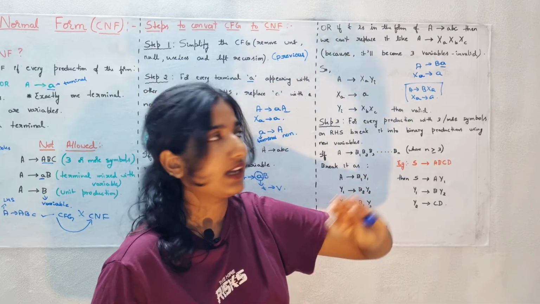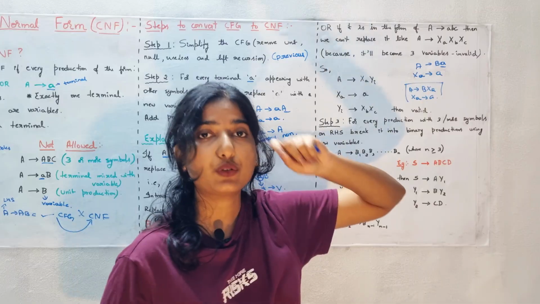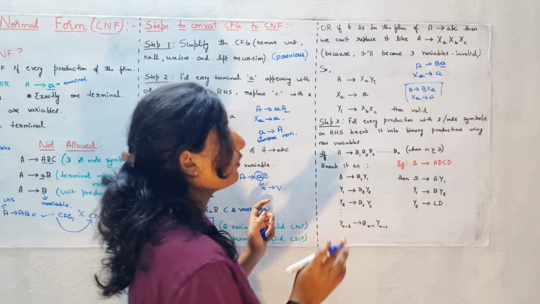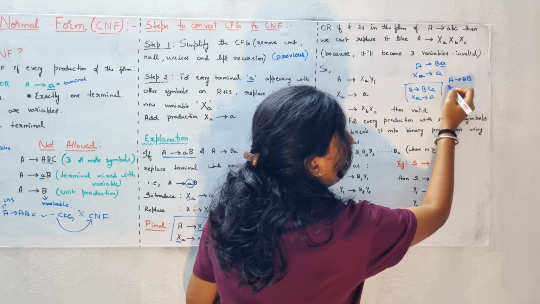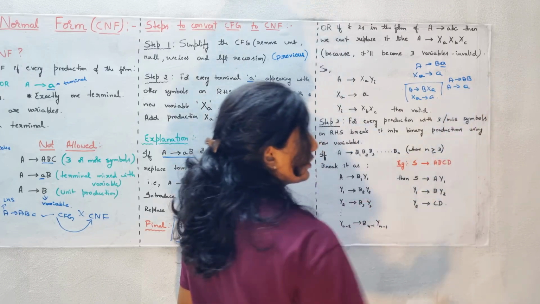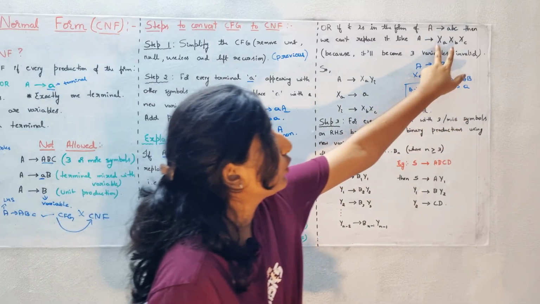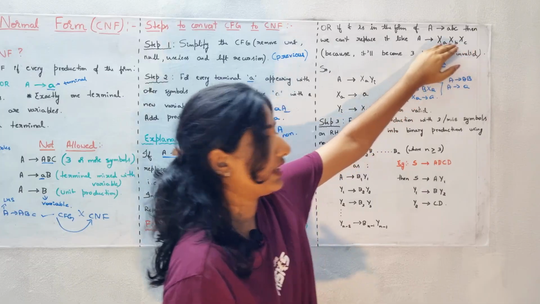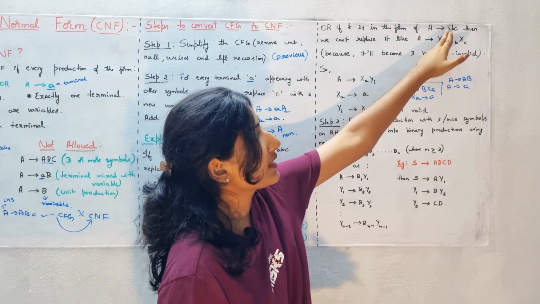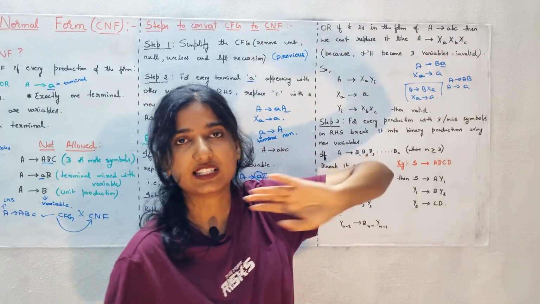No. Why? Because it is said to be CNF. It is in the form of A derives AB or A derives a, which means if there are two variables here, then it is going to be accepted. But here there are three variables. So we can't replace directly a, b, c with XA, XB, XC.